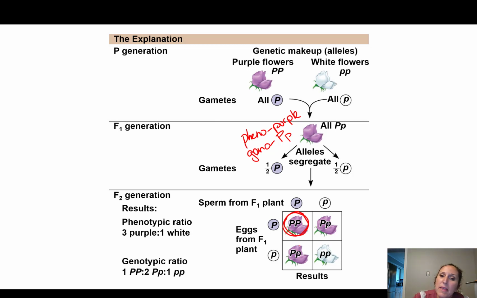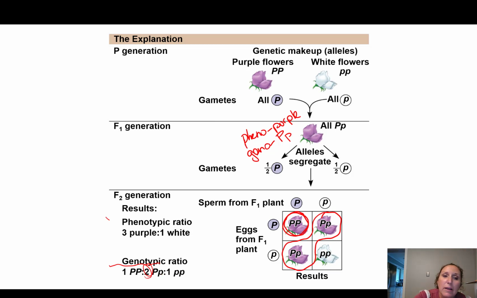All right? Then we have one heterozygote. But as you can see over here, we actually have 2 heterozygotes. So these 2 are heterozygotes, or big P, little p. And then we have one homozygous recessive. So the genotypic ratio is 1-to-2-to-1, or you have a 25% chance of big P, big P, 25% chance of little p, little p, and a 50% chance, that's the 2, of big P, little p.